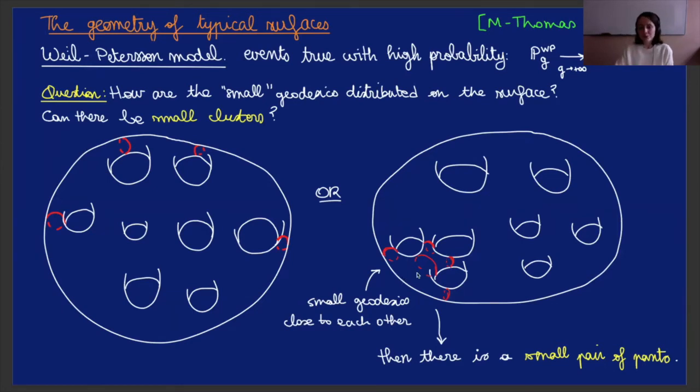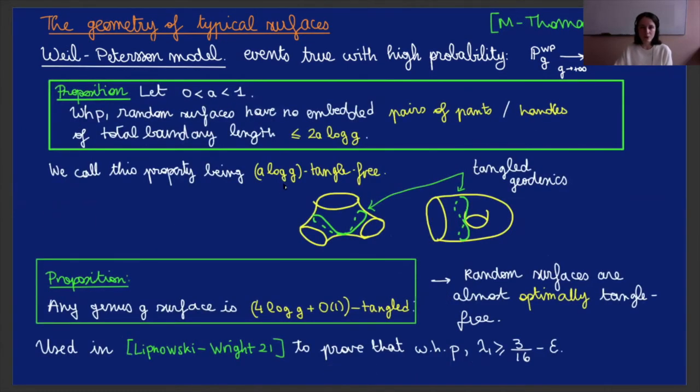And the way to do that is to notice that if there are a lot of small geodesics close to each other, then there is a small pair of pants. Here you can see two of them, which have a very short boundary. So I proved with Joe Thomas that with high probability, random surfaces have no embedded pairs of pants. So pairs of pants are like this.